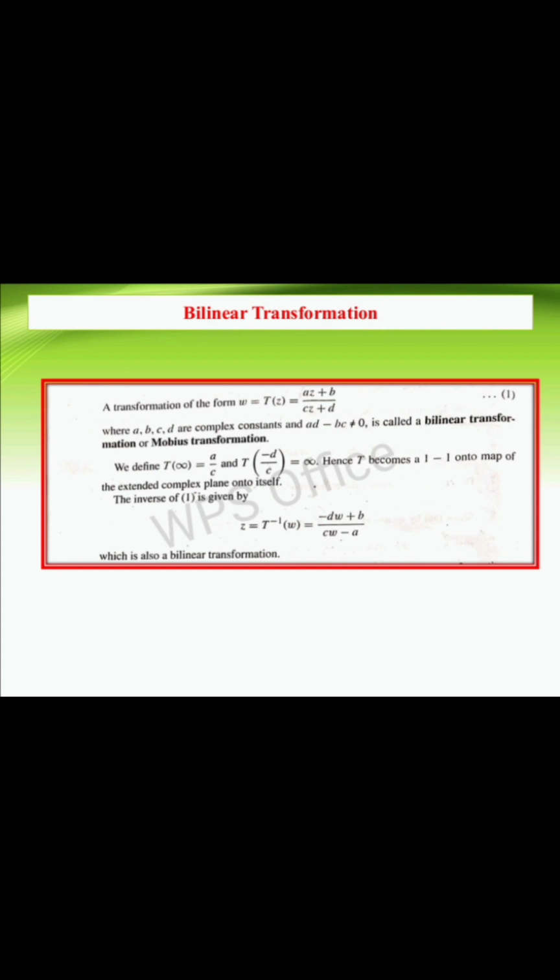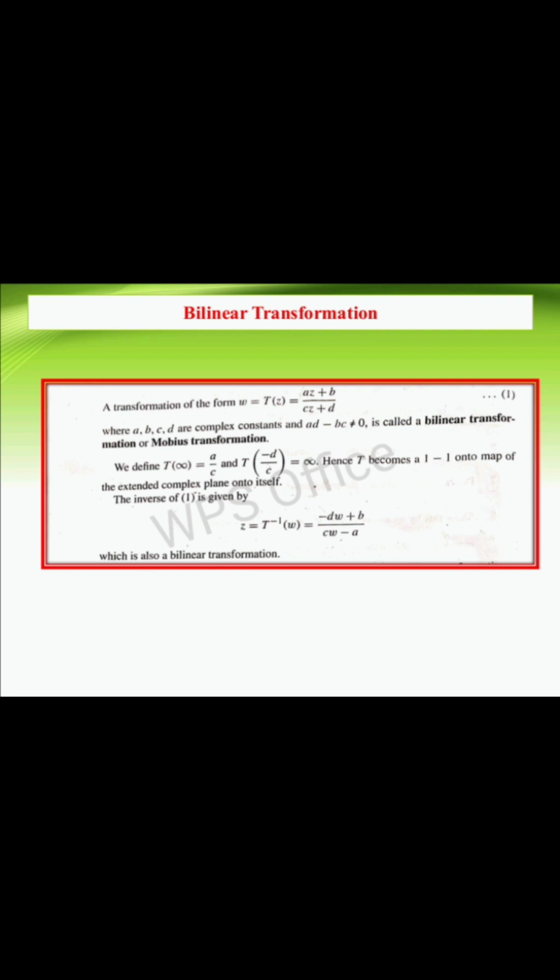The numerator is one linear transformation, and the denominator contains another linear transformation. This is a fraction of two linear transformations, so it is also known as linear fractional transformation. So any transformation of the form (az plus b) by (cz plus d) with the necessary condition ad minus bc non-zero and a, b, c, d complex constants is called a bilinear transformation.